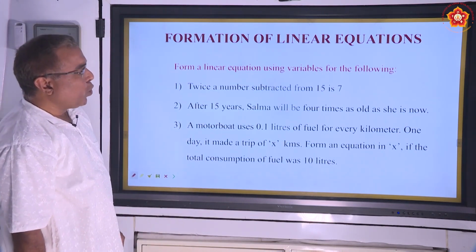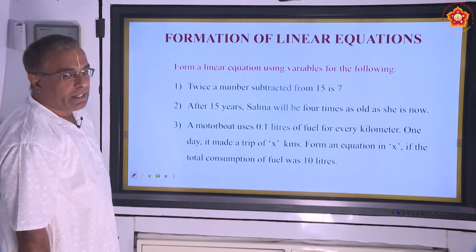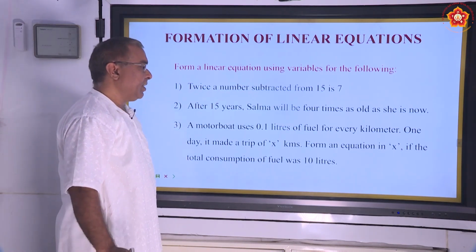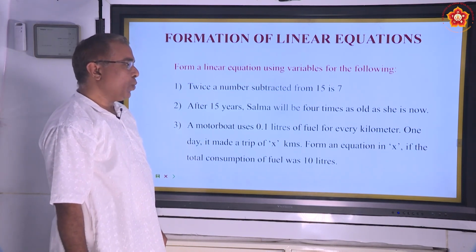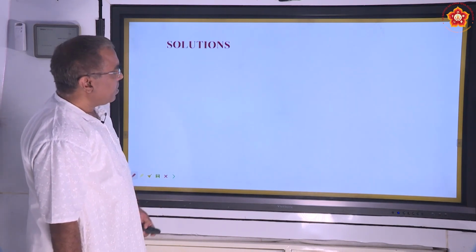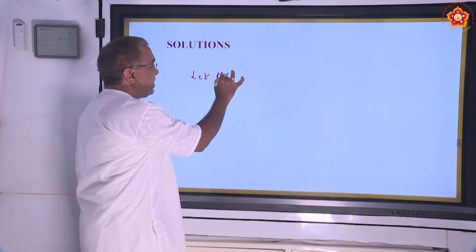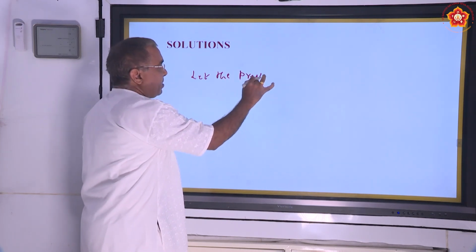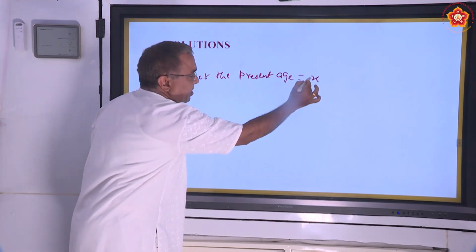Next one, after 15 years Salma will be 4 times as old she is now. I repeat, after 15 years Salma will be 4 times as old she is now. So, we do not know what is her present age. Let the present age be taken as x years.